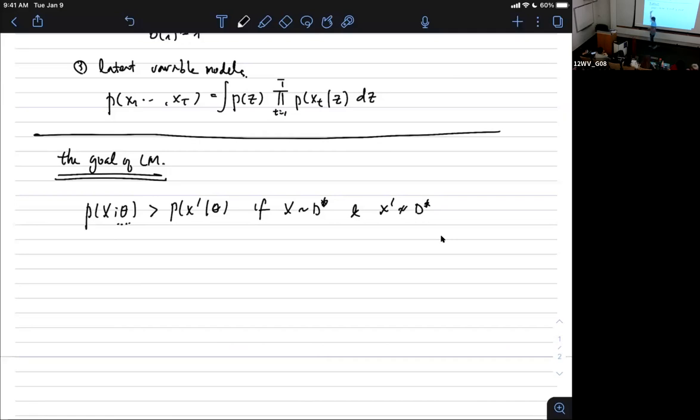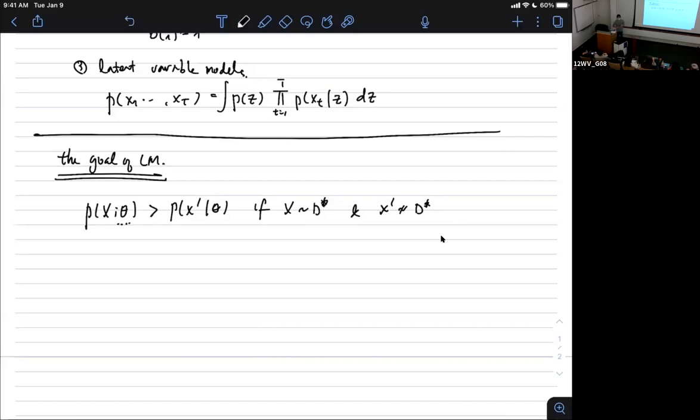Our goal is to have a language model that almost always puts higher probability on a likely sequence than an unlikely sequence. In other words, we want the probability assigned to a valid sentence to be higher than that of an invalid one.